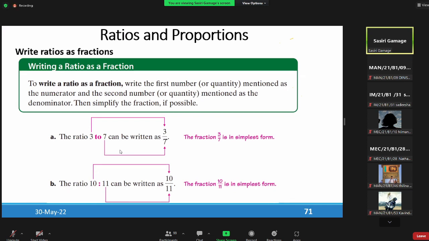Here we can't simplify it further because 3 over 7 is the simplest version of this fraction. Then 10 to 11. The first number is 10. We keep it at the numerator. Then 11 is the second number. We place it in the denominator. Then we can't simplify this further, so we can keep it that way.